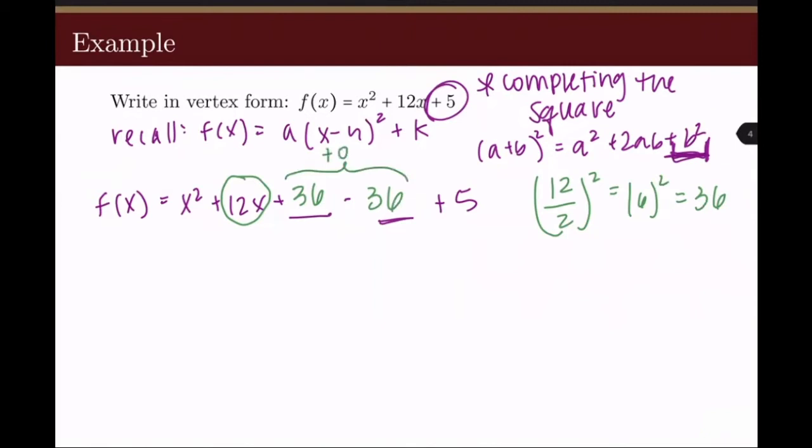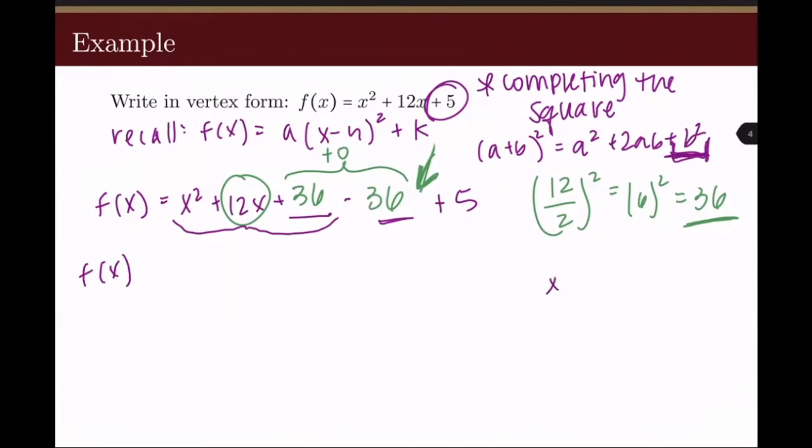It's very important to always remember to subtract the number that you get from your completing the square, so that way you're not changing the problem. So now I have a perfect square. It's right here. X squared plus 12x plus 36.